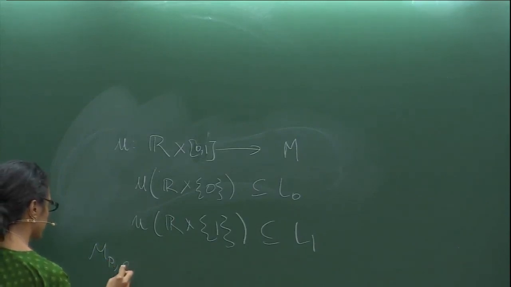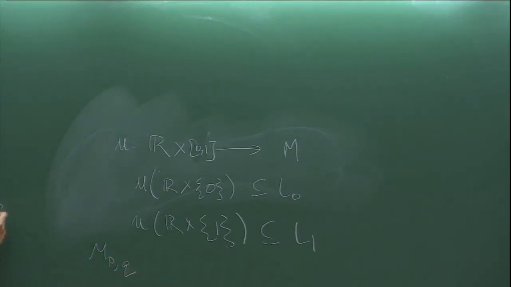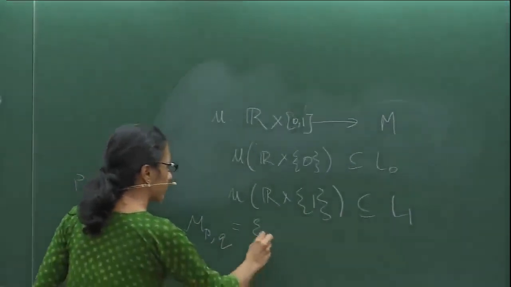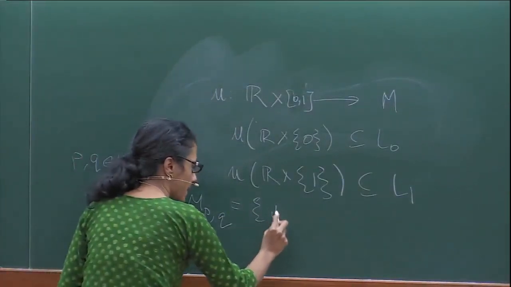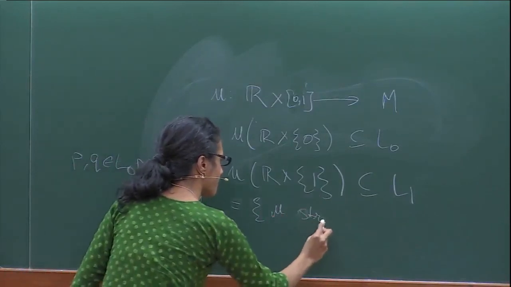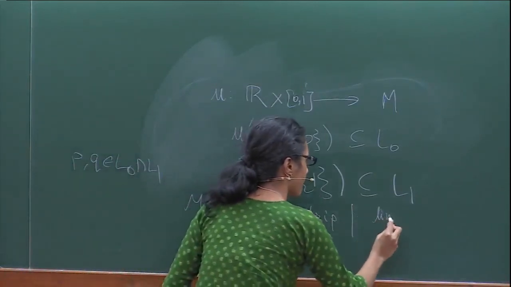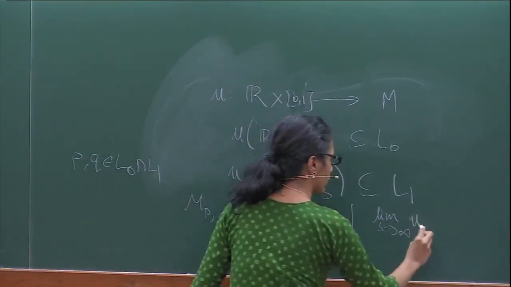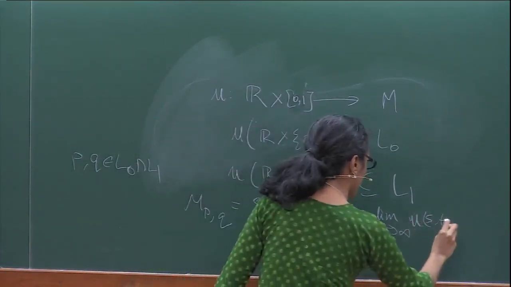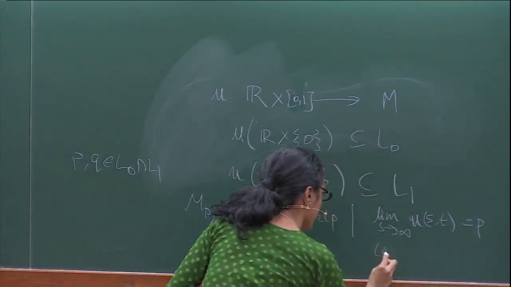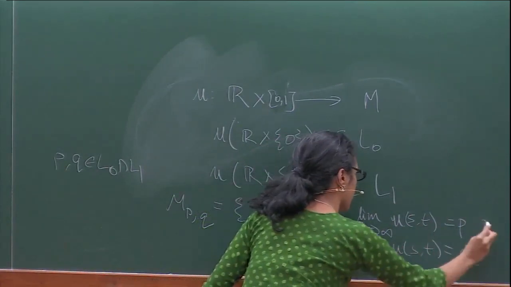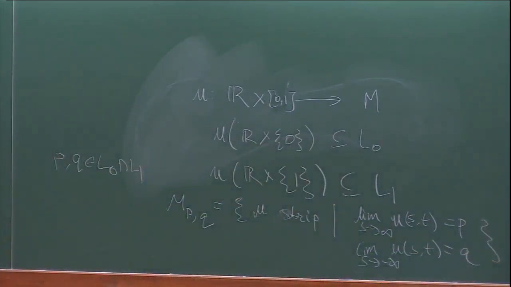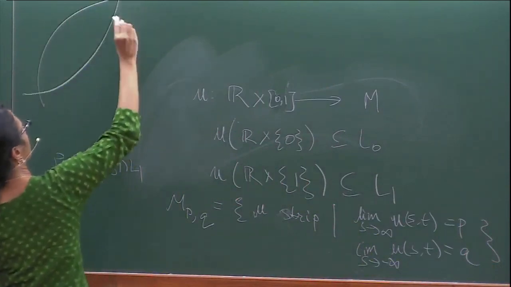So I define this moduli space: if P and Q are two points in the intersection, then I define the moduli space to be the moduli of these strips such that as S goes to infinity, and S goes to minus infinity, they converge to P and Q. So this is the picture to have in mind.